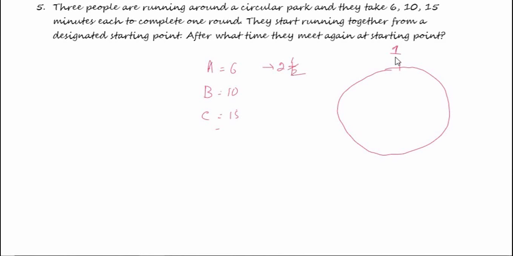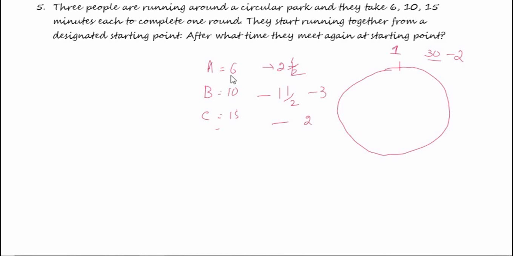Now B, when C is back here, B would have completed 1.5 rounds. So now again, C completes 2 rounds. He has spent 30 minutes and completes 2 rounds. In 30 minutes, B, who completes a round in 10 minutes, completes 3 rounds.